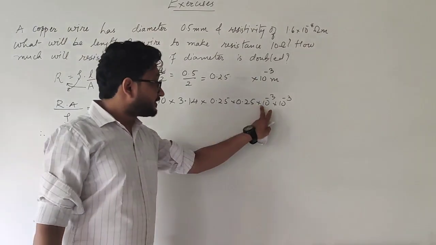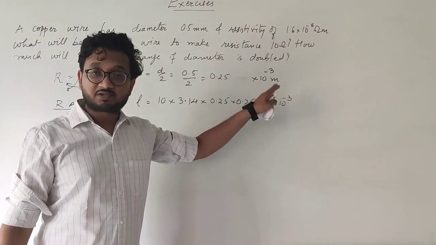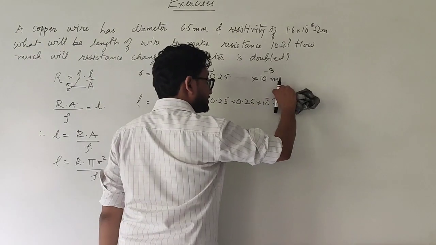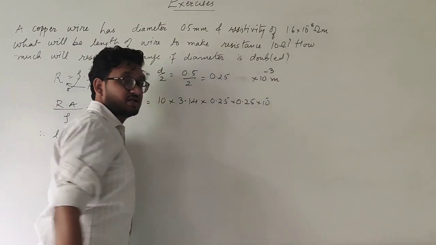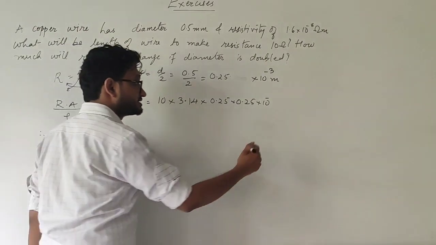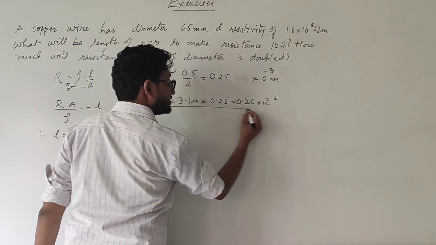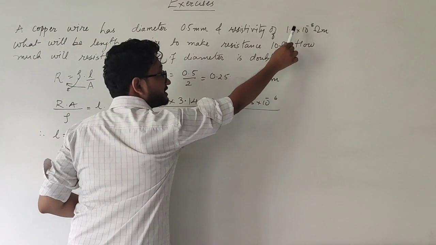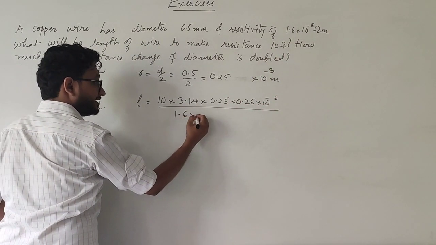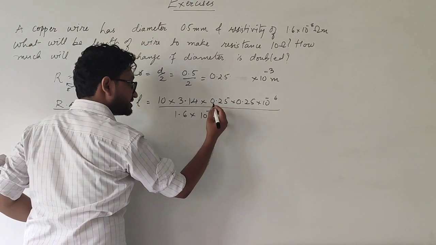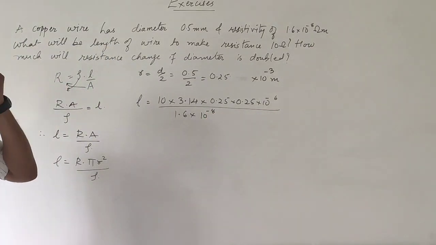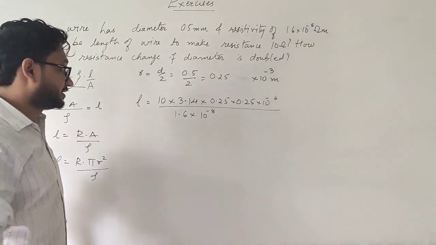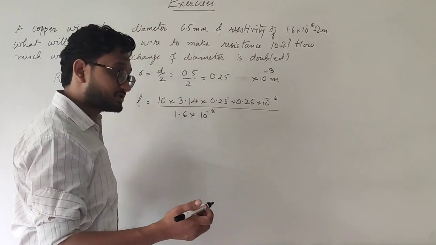Now you know that when the bases are same, the powers can be added together, so I am writing directly over here, that 10 raised to minus 3 plus 10 raised to minus 3 is 10 raised to minus 6, and in the denominator we have resistivity, which is also been given, that is 1.6 into 10 raised to minus 8. Now all you need to do is solve this. It will take a little bit of time, simple multiplication and everything.